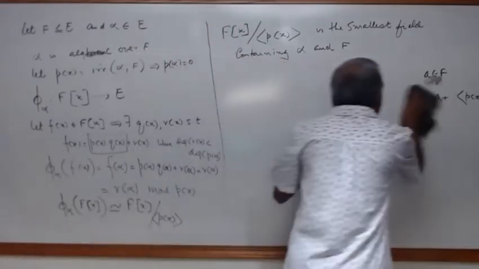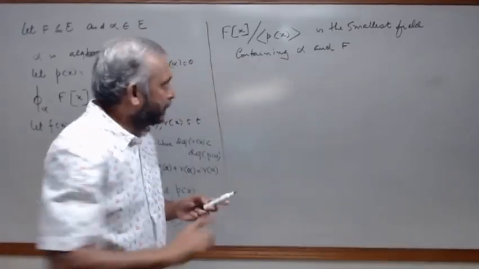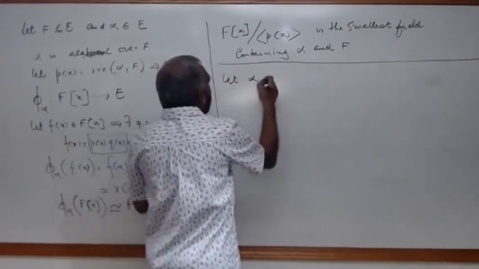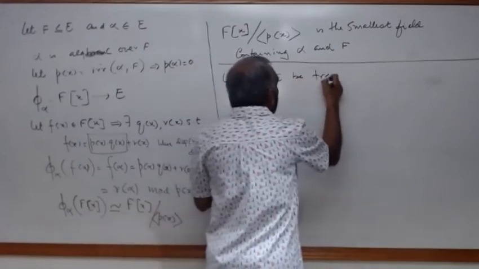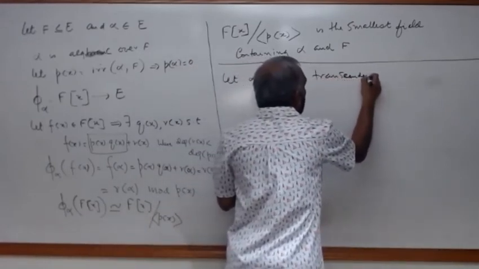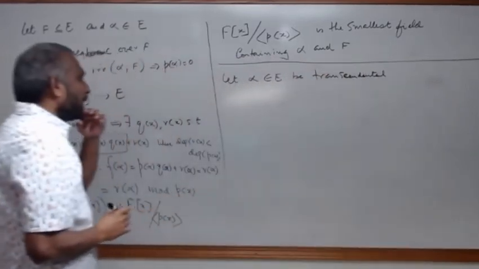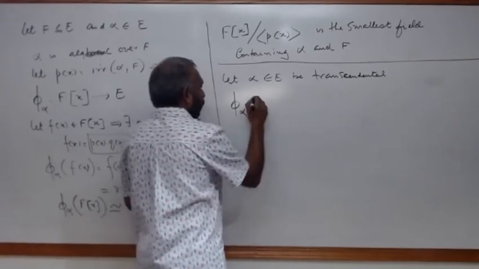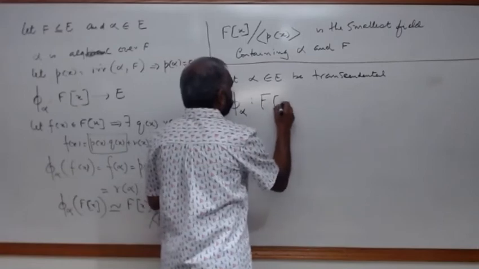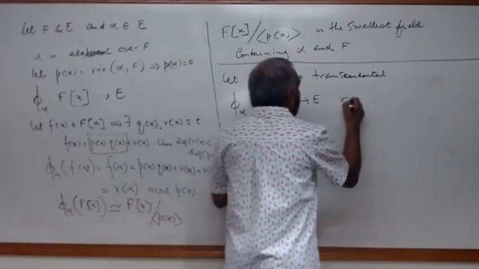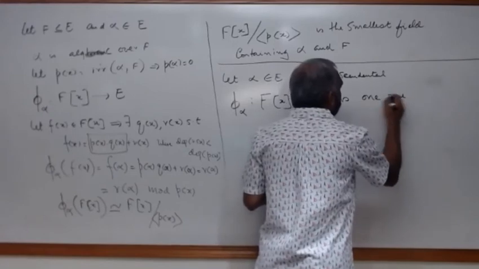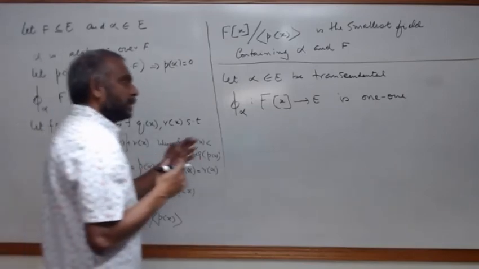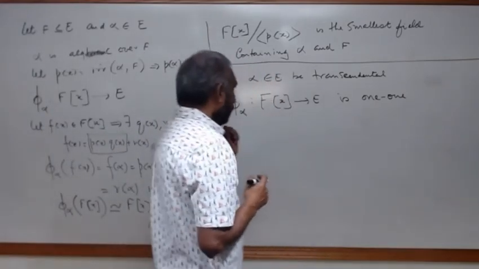Let us assume that alpha belonging to E is transcendental. What does that mean? That means that phi alpha, the evaluation map at alpha from f of x to E, is 1-1. We already established this result. What is f of x?